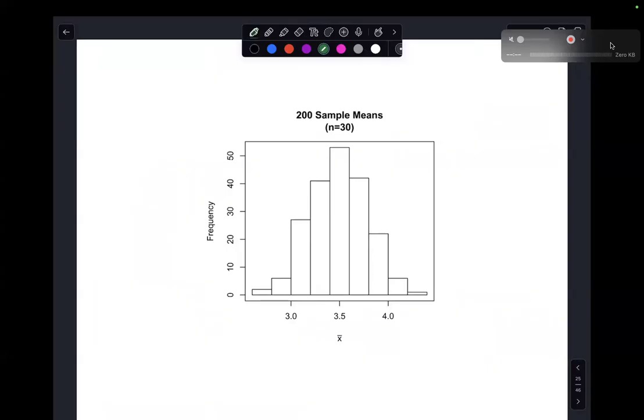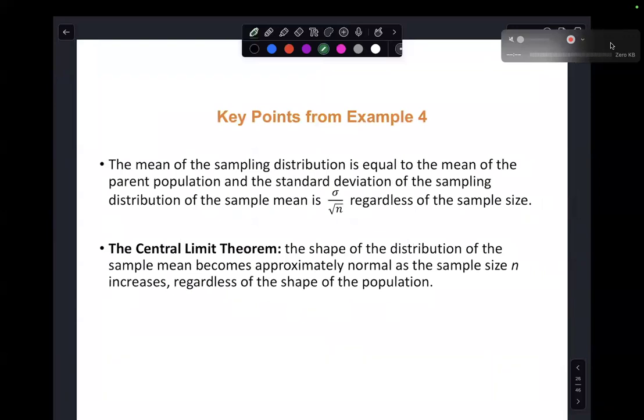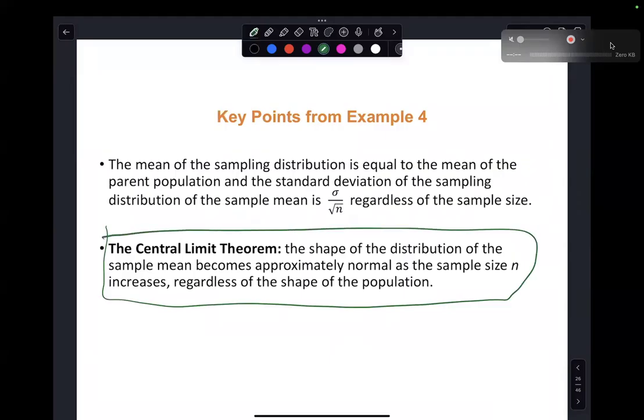As your sample sizes get larger and larger, a non-normal distribution is going to get closer to a perfect normal distribution. So generally, if we have a not normal population, you want your sample size to be greater than or equal to 30. This is it right here. So if my sampling distribution is not normal, it becomes normal as my sample size increases.